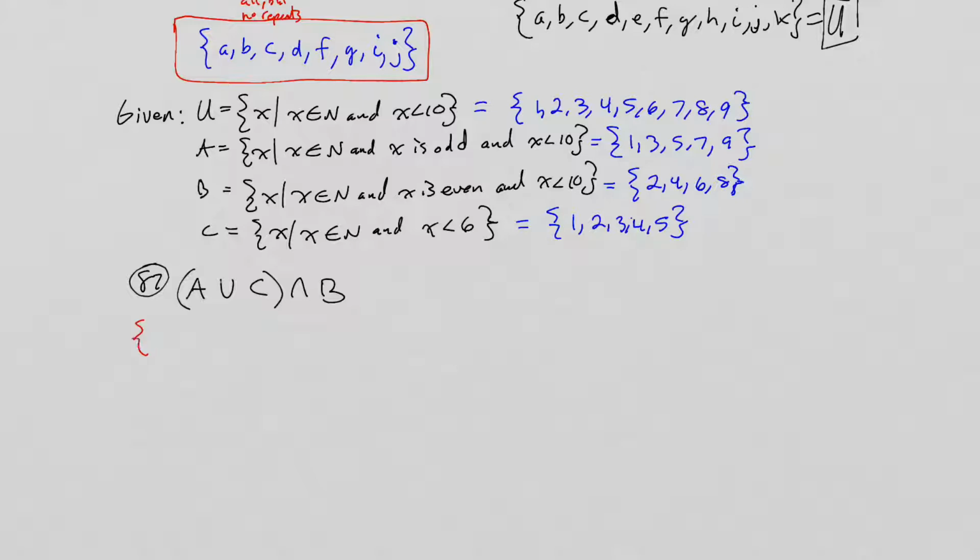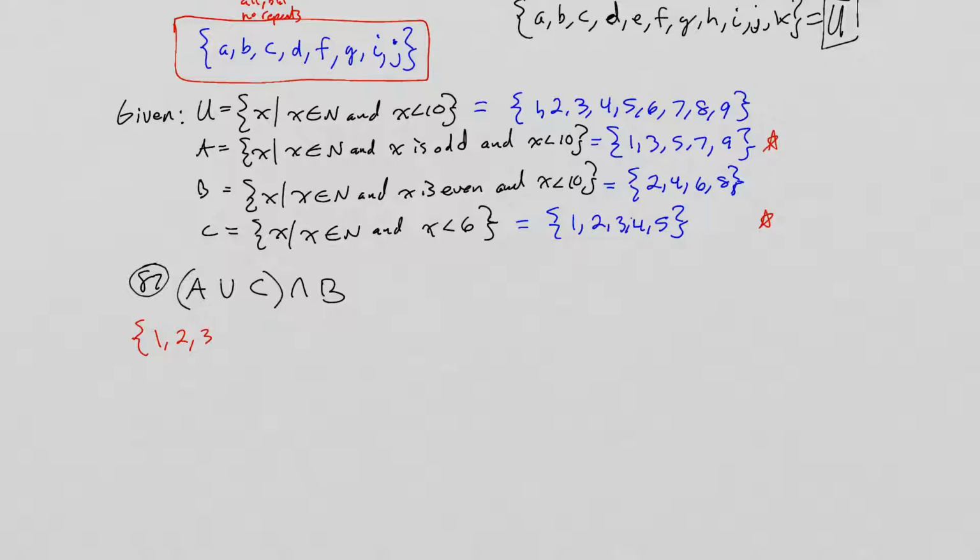So we know it's at least 1 through 9. That's the universal set. So let's just start counting off. Let's take a look at A and C. Is there a 1? Yes. How about a 2? Yes, it's in C. How about a 3?